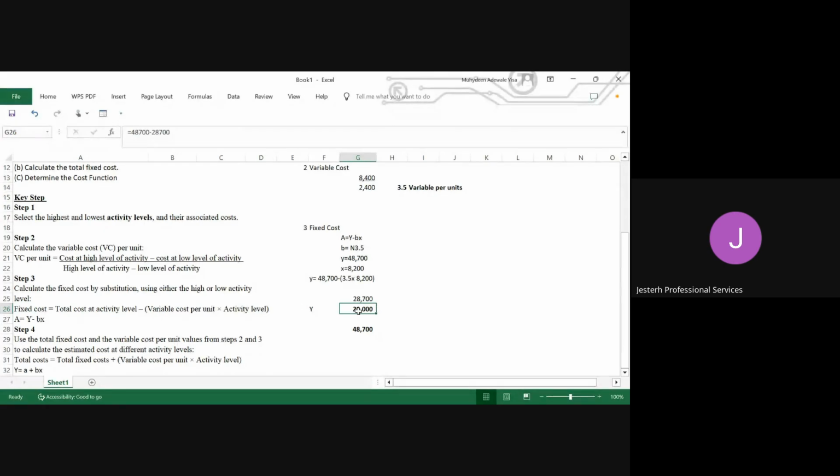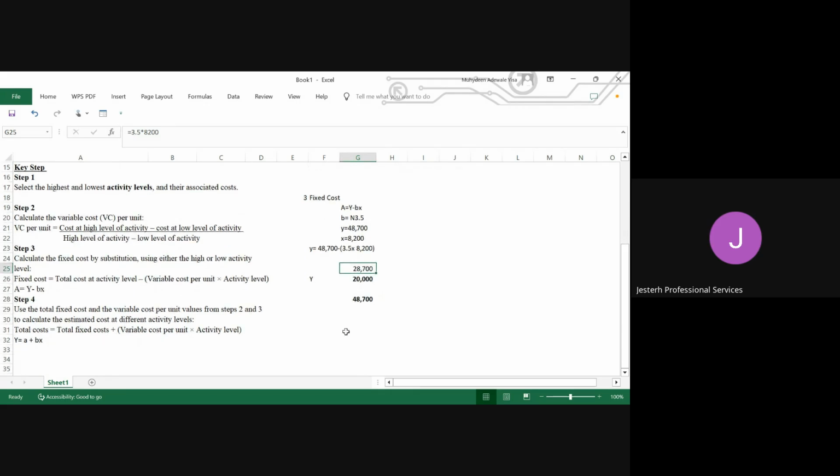We need to remember that one very well. If, for example, they decide to increase it to 9,000, the only thing that is going to change is that our level of activities is increased to 9,000. Since we have already ascertained our variable cost per unit, we multiply the variable cost per unit by the 9,000 to get our total variable costs.